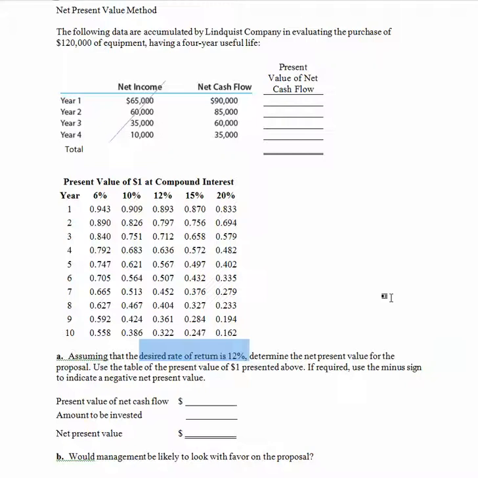So if we're an IT manager, for example, in order to get approval to buy this piece of equipment, we're going to have to, first of all, show that the equipment can earn the company at least 12% over the 4-year life of this equipment. We would also need to show that this investment is better than other options that the manager might be looking at.